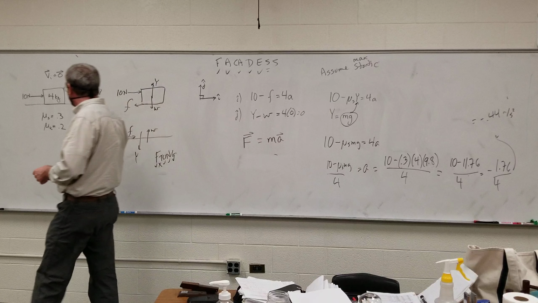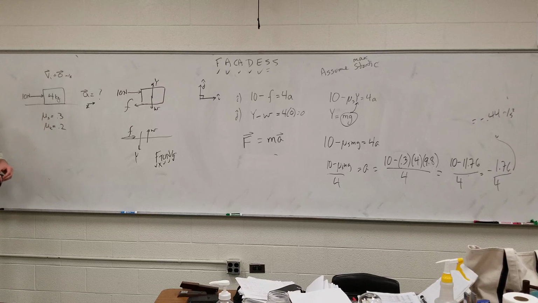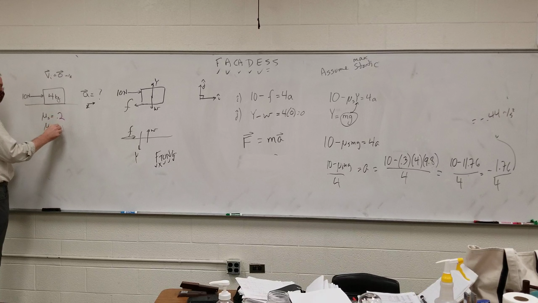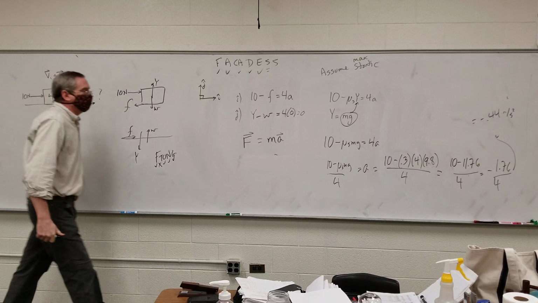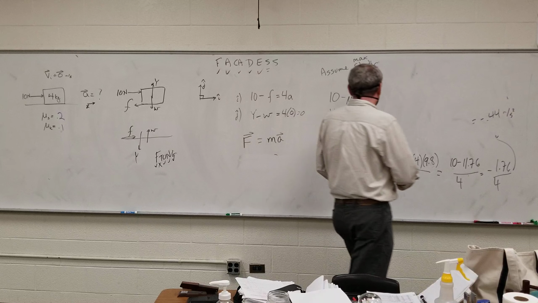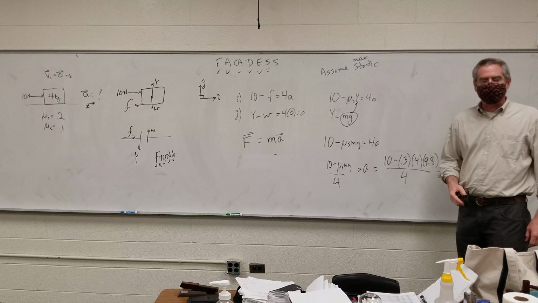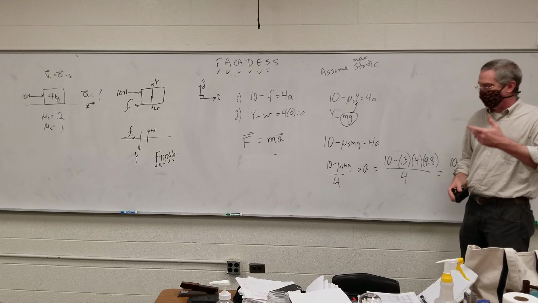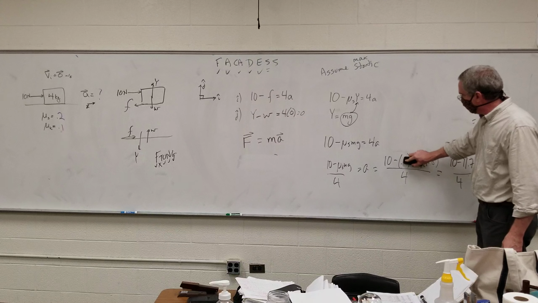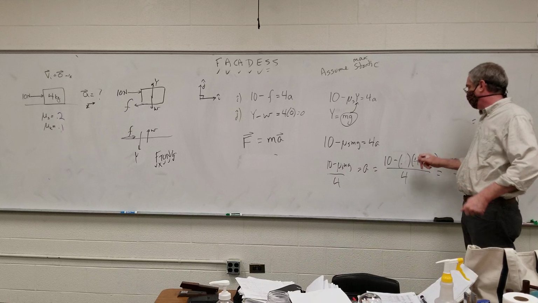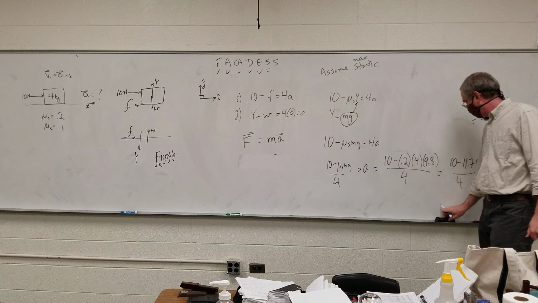Through the magic of an eraser, we add a little oil down here, change the surfaces. 0.2 and 0.1, and pick the wrong marker there. So now we still go through the exercise, hopefully I've reduced it enough that it'll work. But we still assume static friction, or maximum static.